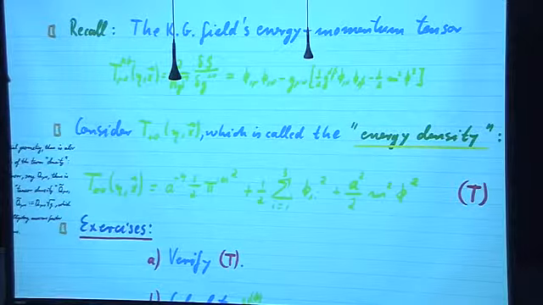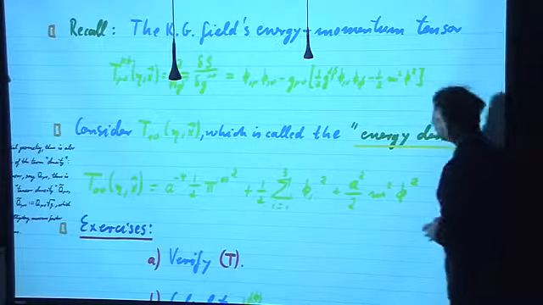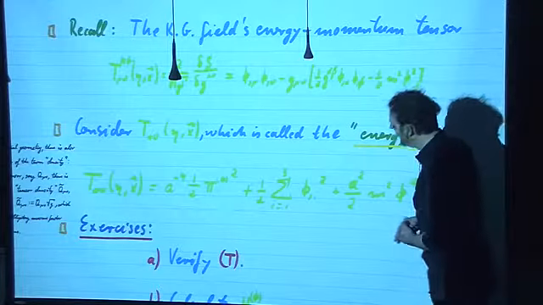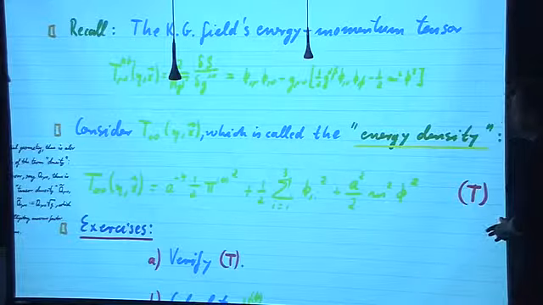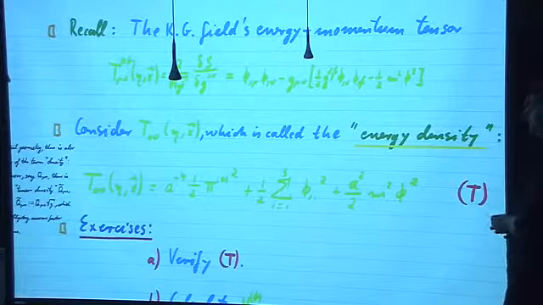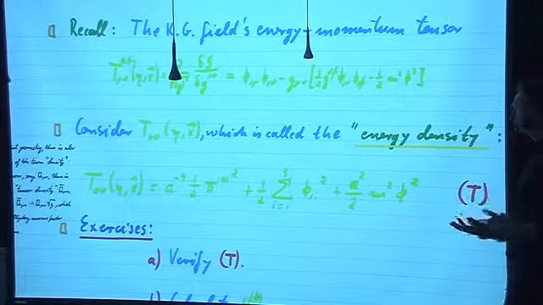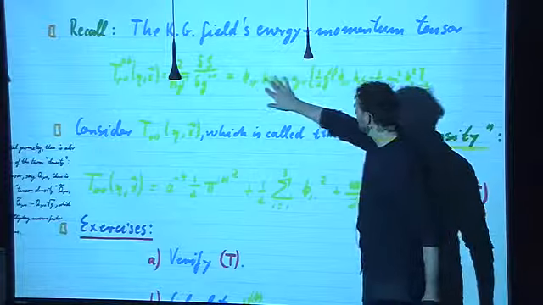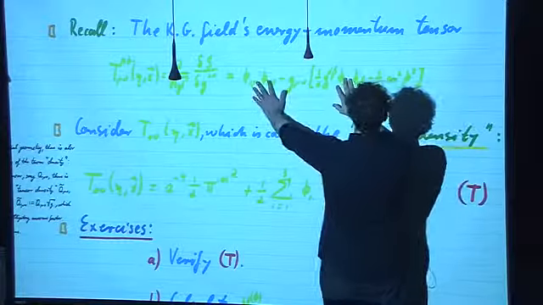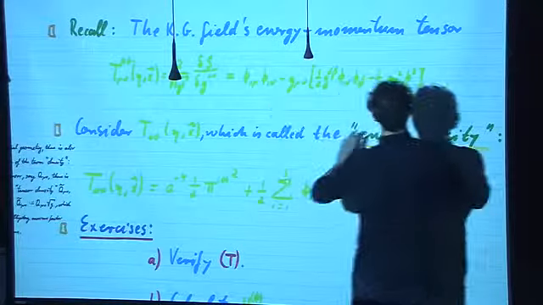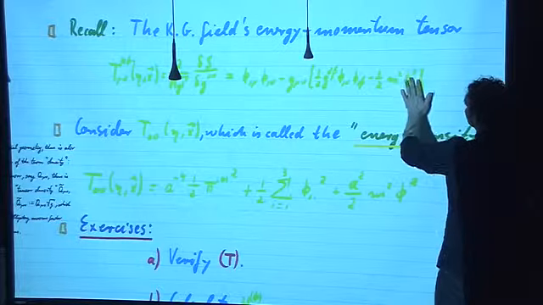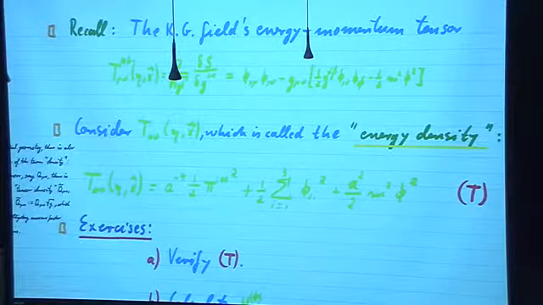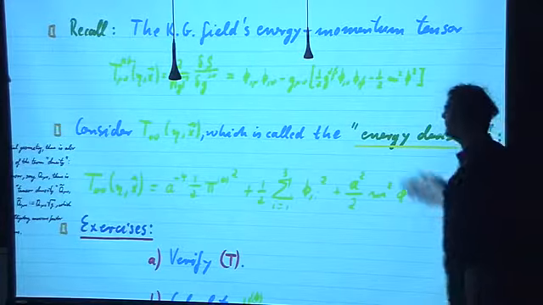That's the definition of the energy momentum tensor. And when you calculate it for a Klein-Gordon field from its action through this functional derivative, this is the expression you obtain. It's quadratic in the field derivatives, and it also has a term that's quadratic in the field itself. And in particular, it has a well-defined 0,0 component.